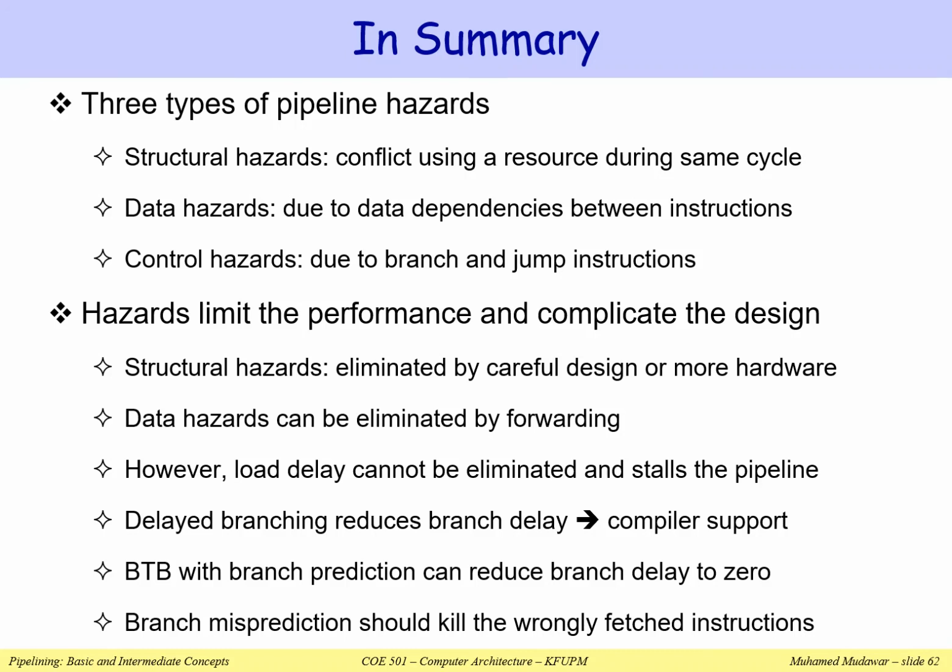We can reduce the branch delay to just 0. And we have to deal with branch misprediction. We still have to verify that the branch was predicted correctly. In the case of a branch misprediction, we still have to kill those instructions which are wrongly fetched, and therefore we waste clock cycles only when we have a branch misprediction.